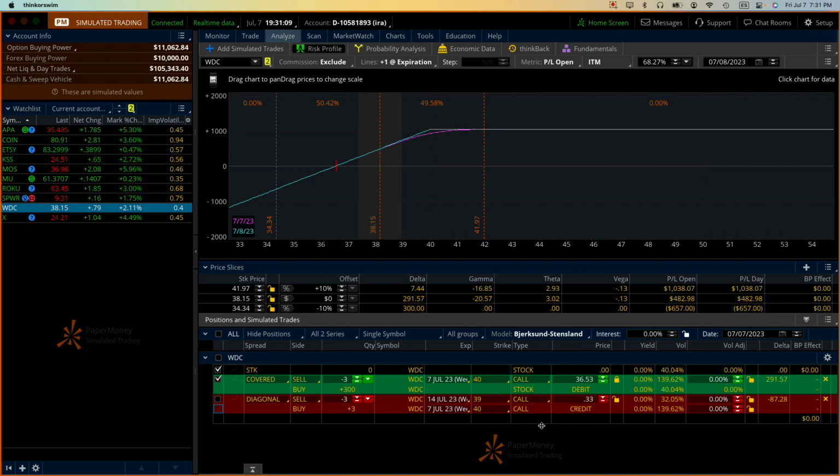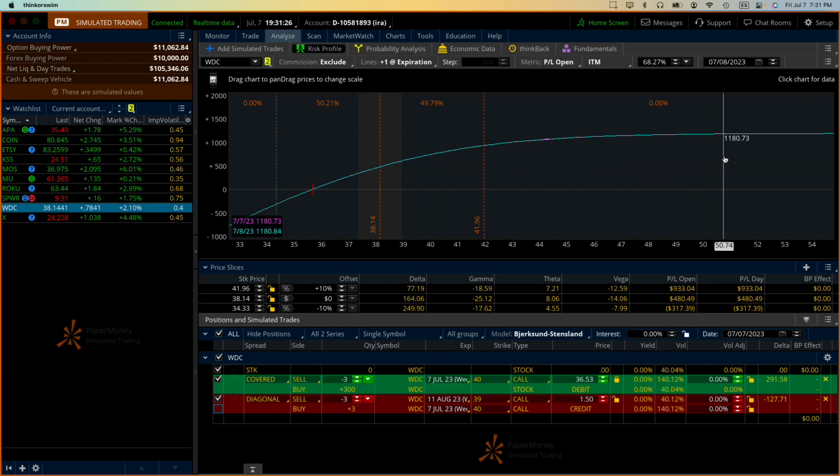And even though the extrinsic value is $1 and whatever it was, I get only a credit of 33. That's because, well, I need to change this, I'm sorry, to August 11th. Okay, so my maximum potential profit is $11.85.